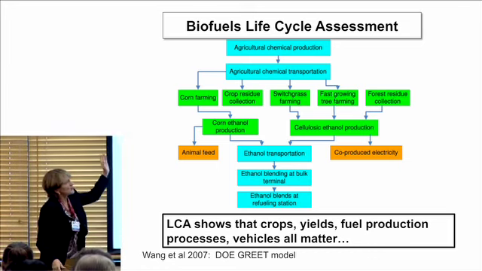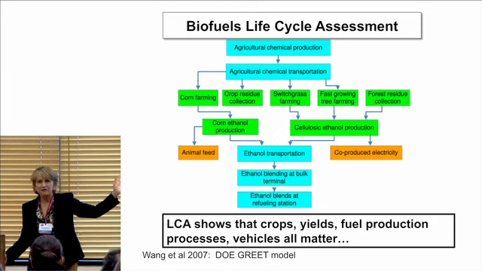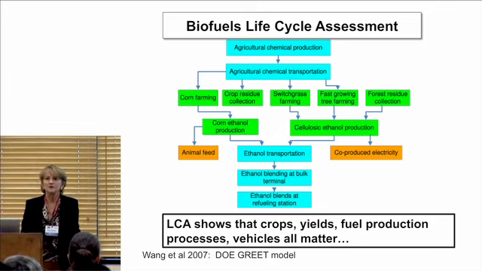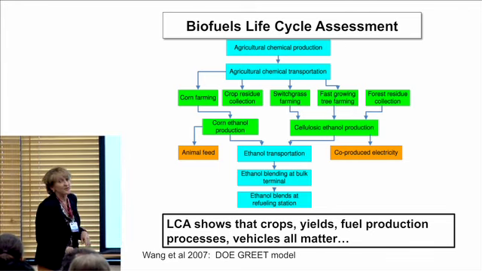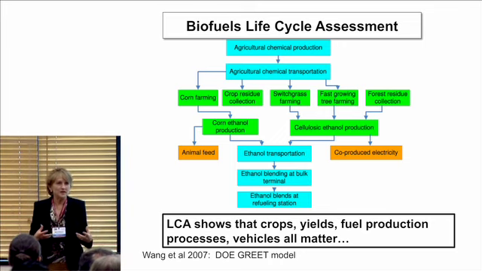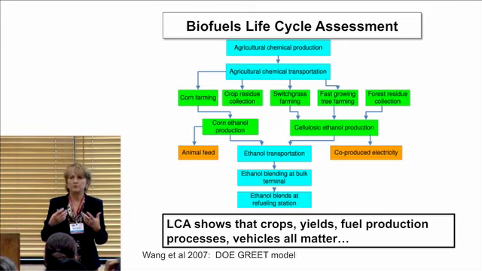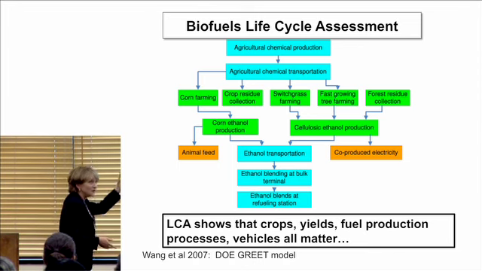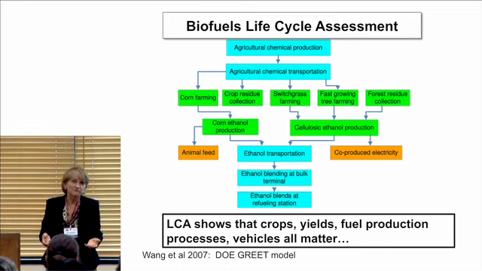So, you start at the very beginning, the cradle of production, of, in this case, let's say, this particular set of biofuels, ethanol. And you have to think about how do we produce the crops, the feedstocks, that we're going to use to produce ethanol. Well, we do it in agricultural systems very often, and of course we have to fertilize them, right?